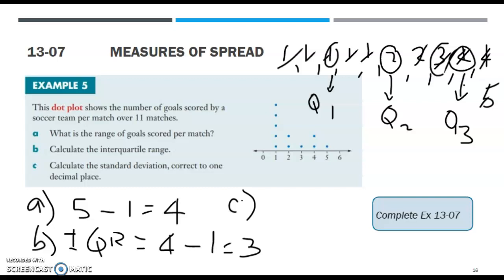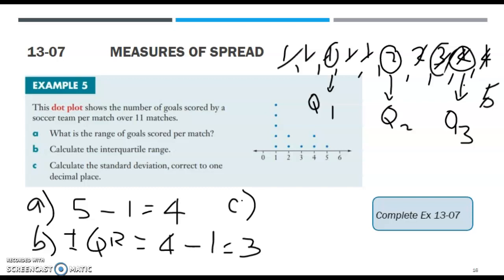Then you press shift 1, which is to get the table up. And then you're ready to start entering the numbers one by one. So you press 1 equals, 1 equals, and so on until you put all the scores in.